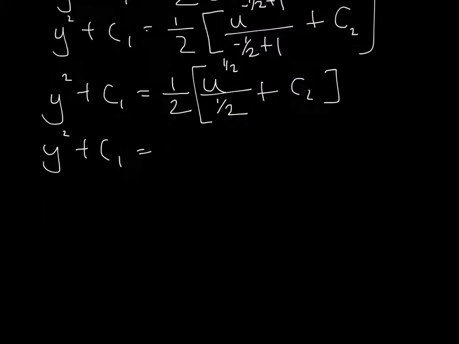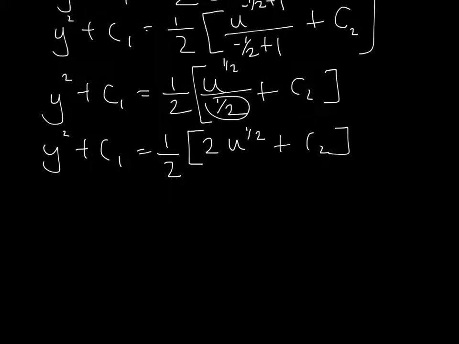So again, y squared plus c1. Let me move this up. So this is really 1/2 times 2, u to the 1/2 plus c2. If I distribute that, I get u to the 1/2 plus 1/2 c2.